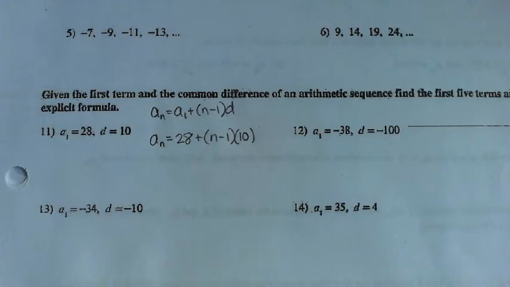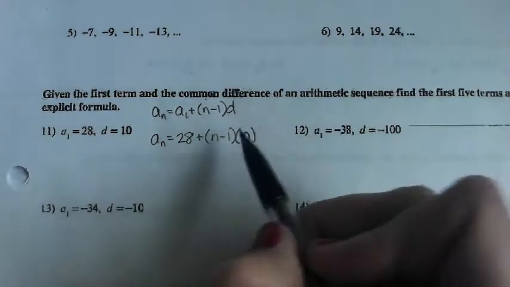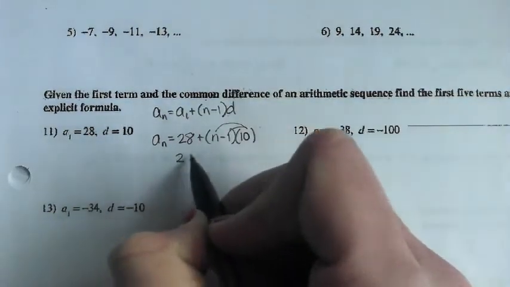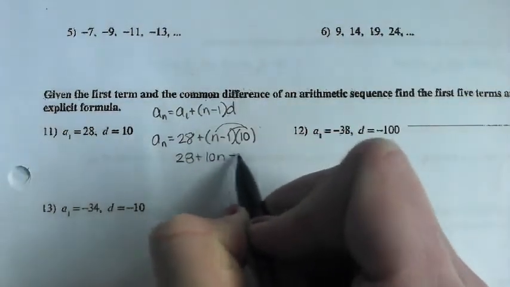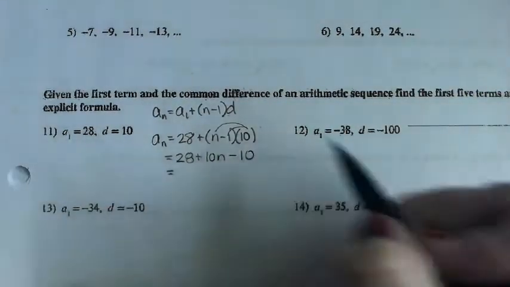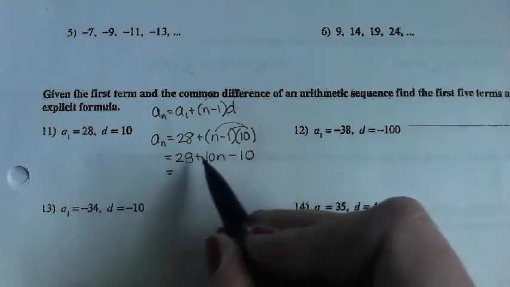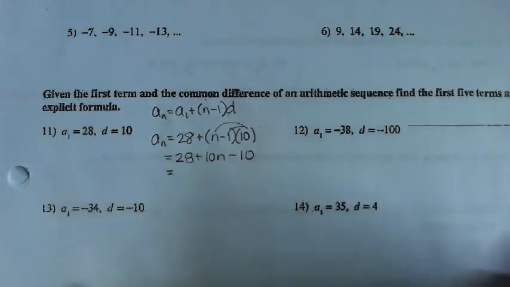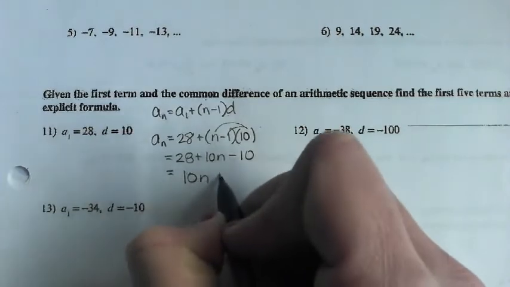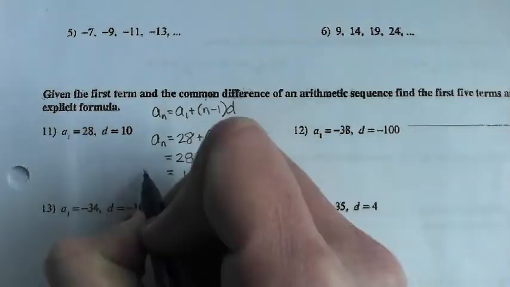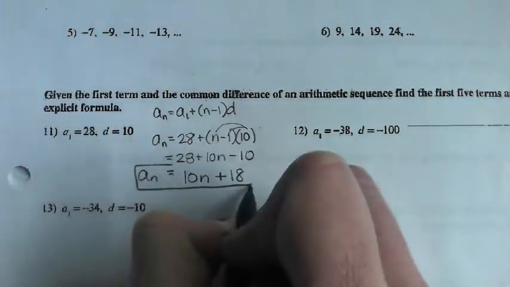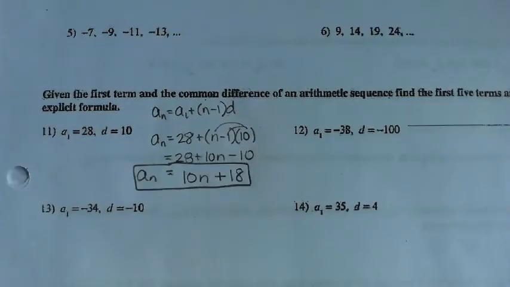It's just not simplified yet. So on the answer key, the 10 had been distributed, so it's 28 plus 10n minus 10, and like terms had been combined. So the 28 minus 10 makes 18, so it was 10n plus 18. And that is the simplified version of an explicit formula.